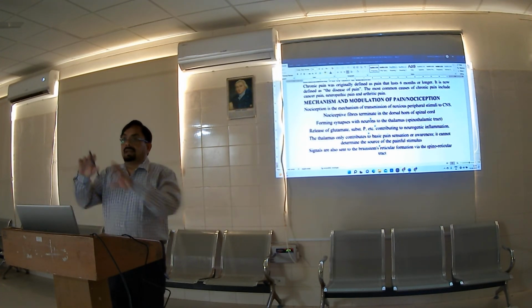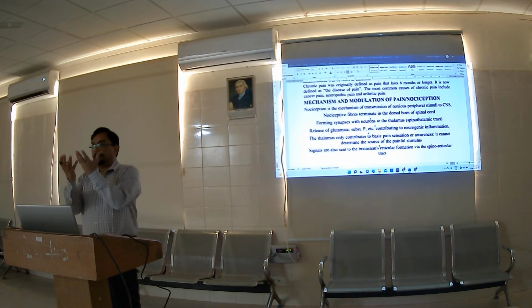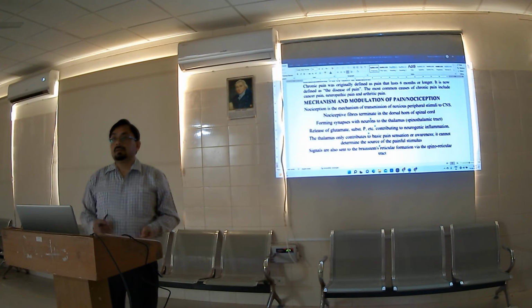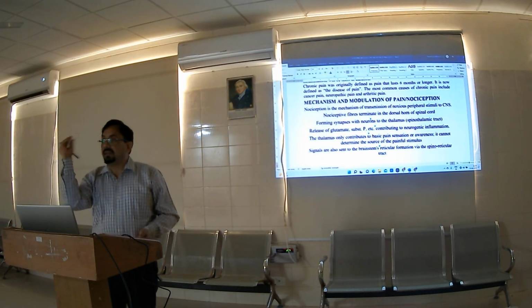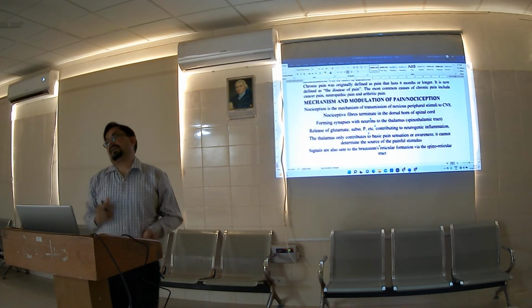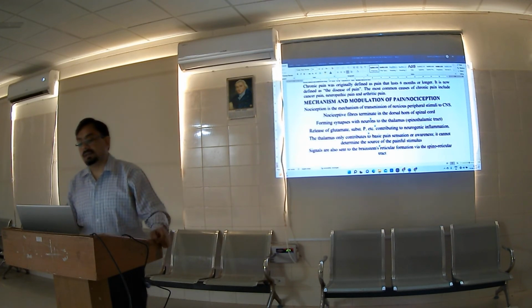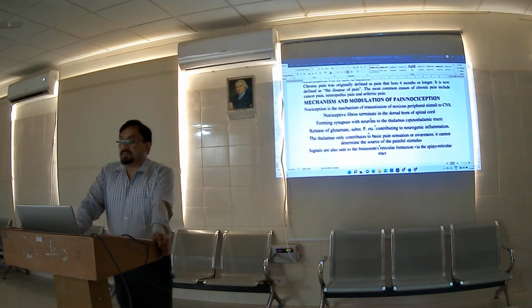Dorsal horn, rather we can say spinal cord. All of you might have studied a little bit in your brain. So they terminate in the superficial layers, the outer layers; they do not go deeper. Dorsal horn of spinal cord.